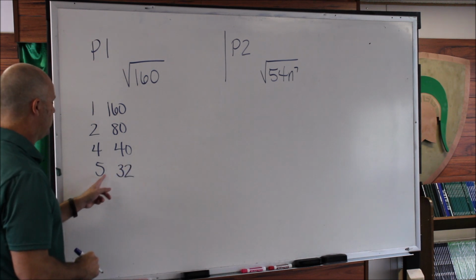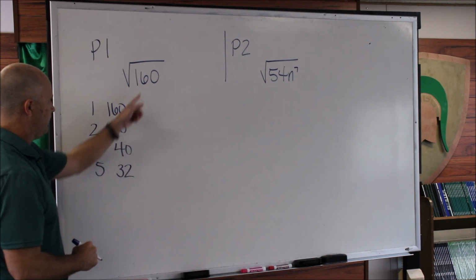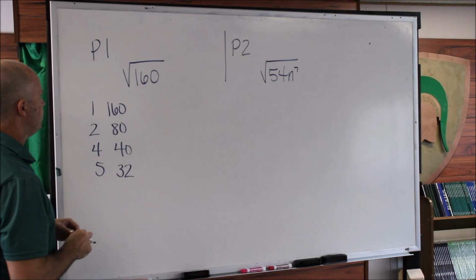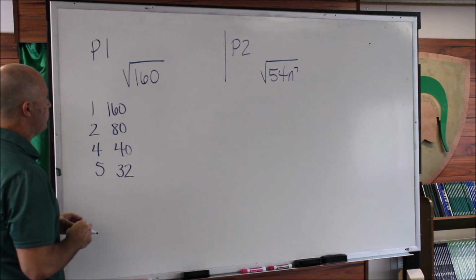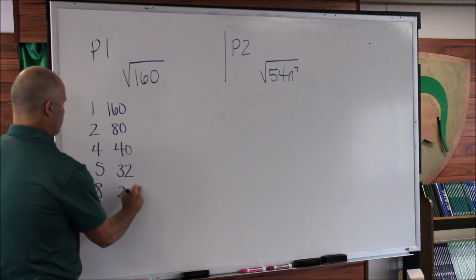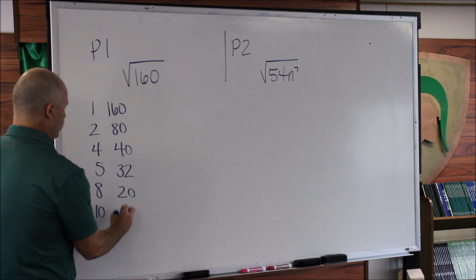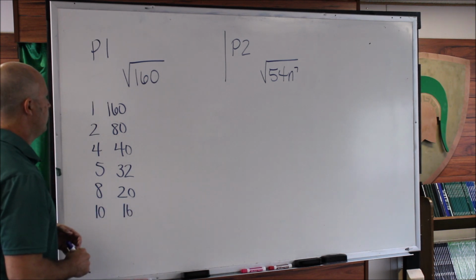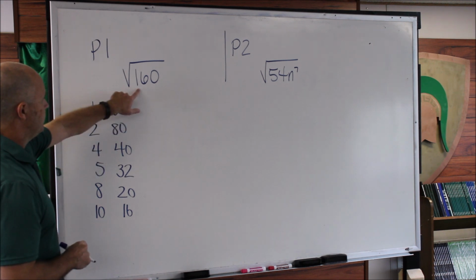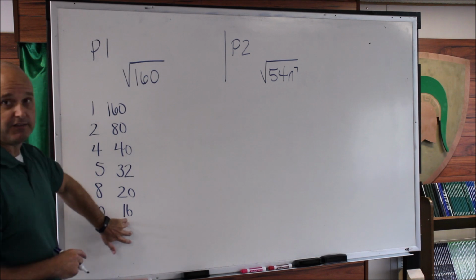Let's just make sure that I'm right here. 5 times 30 is 150, 5 times 2 is 10, 150 plus 10 is 160. Then 6 will not go into it, 7 will not go into it, 8 will go into it 20 times, 9 will not go into it, 10 will go into it 16 times, 11, 12, let's see, will 12 go into it? No. 13, 14, 15, and then we get back to 16.